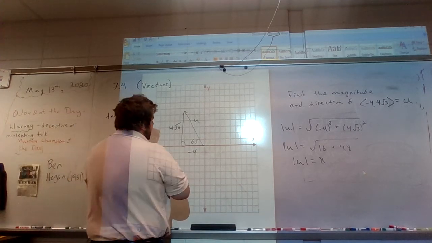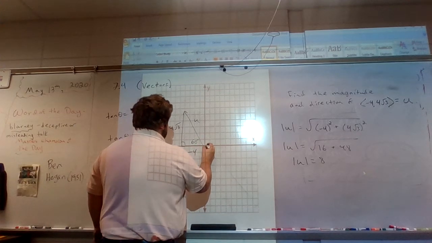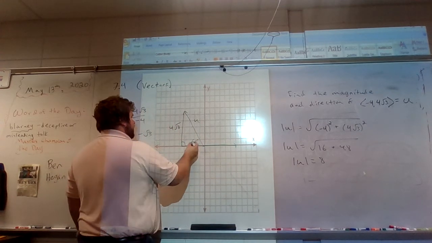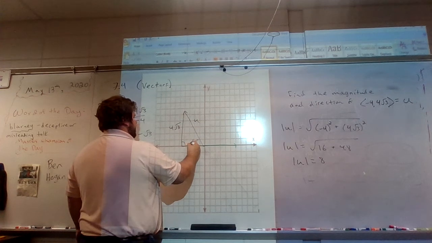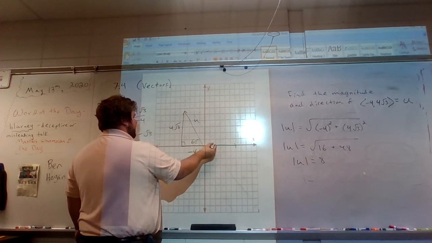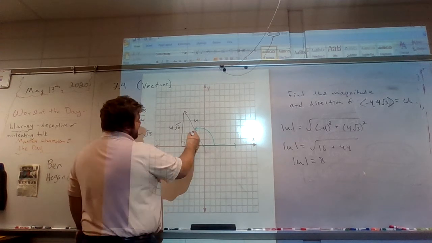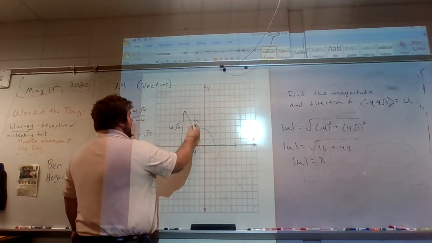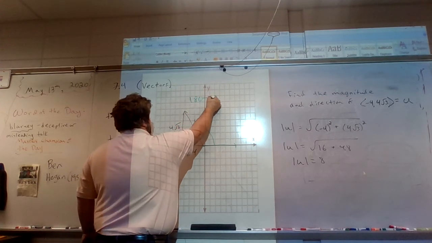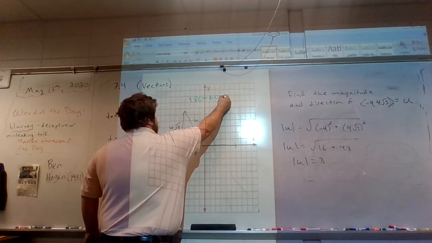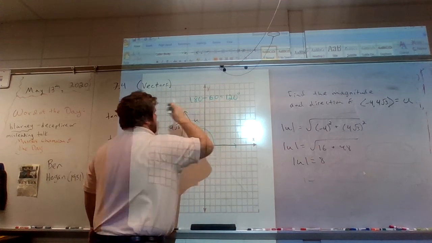And the angle that we want is really this angle anyway. So if this angle was like negative 60 here, what is this angle really here? Well, it's 180 minus 60, if you want to think of it that way. So it's a quadrant 2 angle. So the direction angle is really 120 degrees.